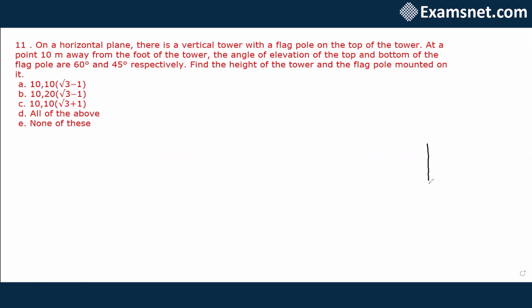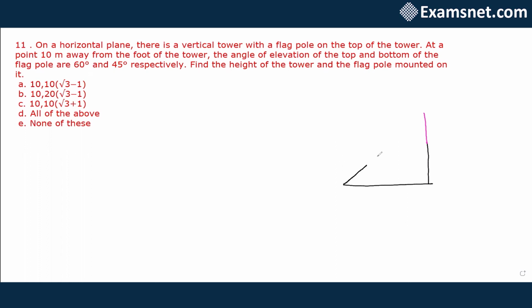Let's say this is the tower and there is a flagpole on top of it. So let's say this is the flagpole. Now here is the ground. Okay, so the angle of elevation of the top of the flagpole is 60 degree.